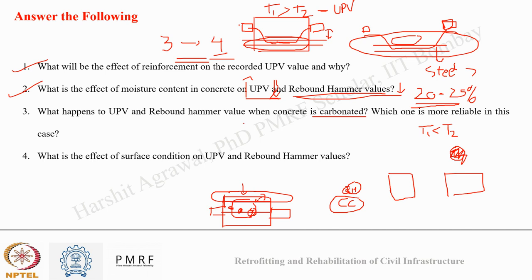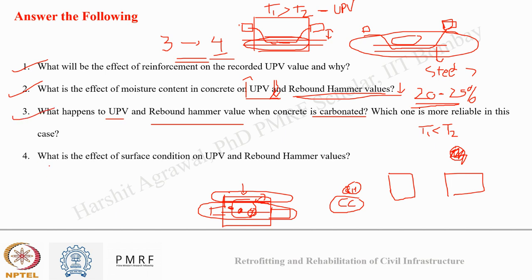Thus for carbonated concrete, it is important to conduct both UPV and rebound hammer so that we can check properly what is the status of the concrete. And generally, UPV is more reliable than rebound hammer when we talk about carbonated concrete, since UPV is giving us the whole bulk look of the concrete, while rebound hammer just gives us the surface property of the concrete.